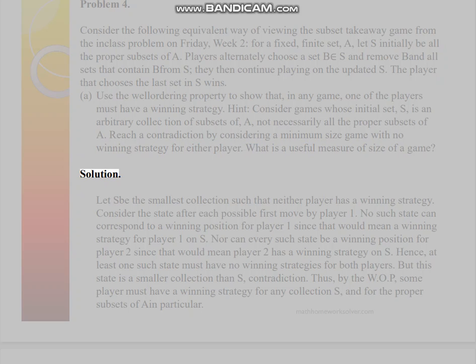Solution. Let S be the smallest collection such that neither player has a winning strategy. Consider the state after each possible first move by player 1. No such state can correspond to a winning position for player 1 since that would mean a winning strategy for player 1 on S. Nor can every such state be a winning position for player 2 since that would mean player 2 has a winning strategy on S. Hence, at least one such state must have no winning strategies for both players.